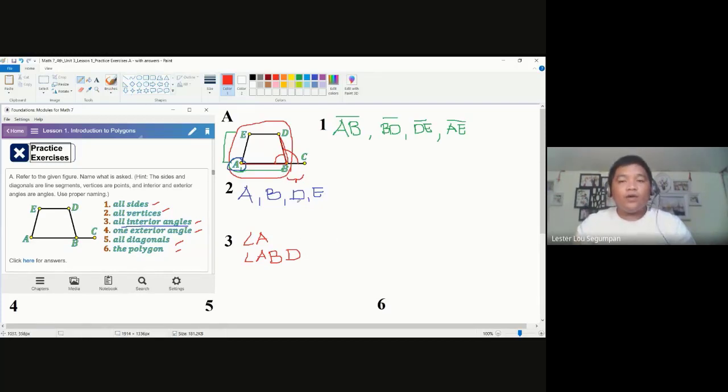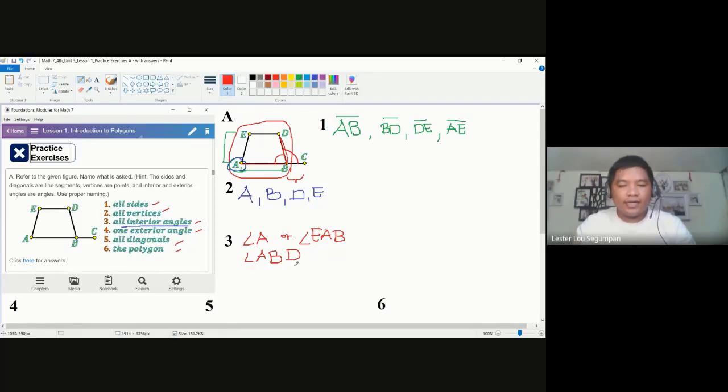So if we are going to do that, for the first item that we have given here as angle A, we could also accept the naming of this angle using three points. You could also use E, A, B. And we could also accept BAE as long as A, the vertex that we are talking about, is located in the middle.